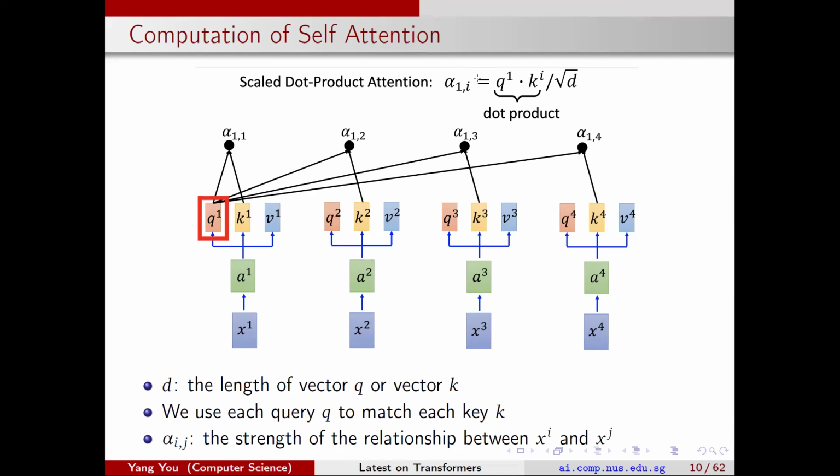For each pair, we can have this scalar to represent the strength. I think that's very straightforward. So firstly, alpha 1,1 is the strength of the relationship between 1 and 1, then alpha 1,2, alpha 1,3, alpha 1,4.